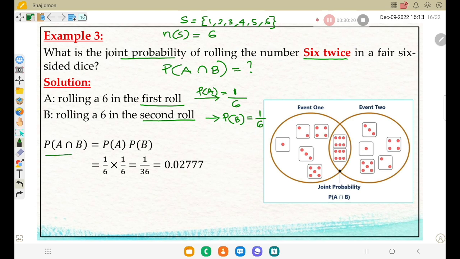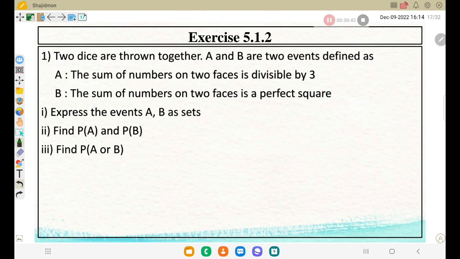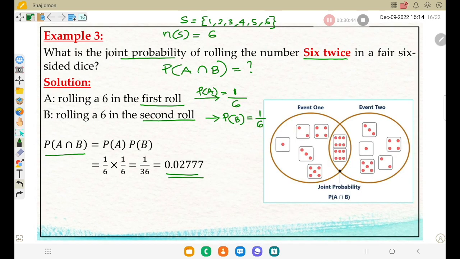So probability of A intersection B means probability of A multiplied by probability of B, that is 1 over 6 multiplied by 1 over 6, which is 1 over 36, or approximately 0.0277. Hope you understood the question regarding joint probability. Now we will go to the exercise questions.